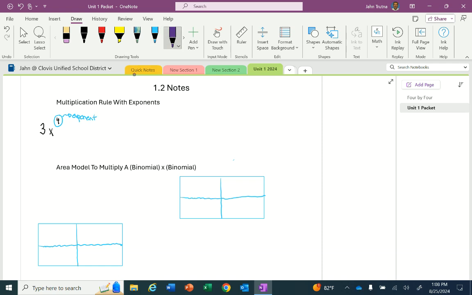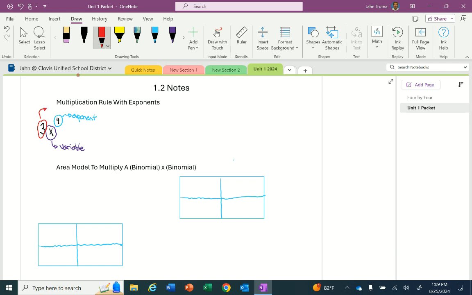Okay, anytime you see a letter in math, like an x, it doesn't have to be an x, it could be any one of the 26 letters in the alphabet. That is what we refer to as a variable. So letters in math are referred to as variables. And then if you see a number in front of the variable, like in this case a 3, it obviously doesn't have to be a 3, but it will be a number.